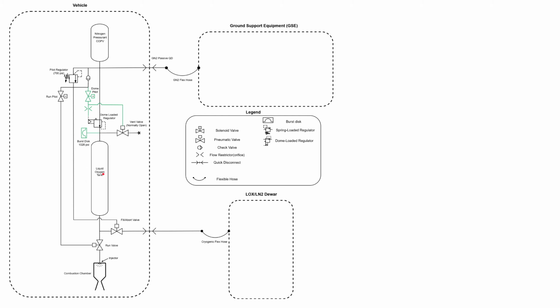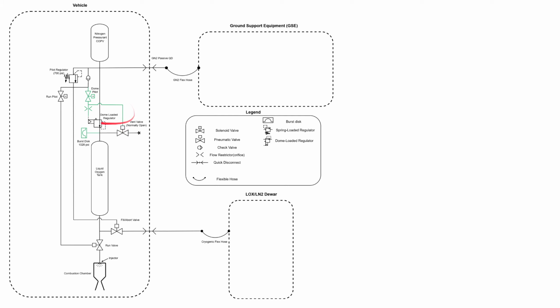This will pressurize the tank, and it will be ready for launch. But unless we close this vent valve first, all that pressure will simply leave through the vent, and we won't get anywhere. So that's why we also need it to connect to the vent valve and close it.